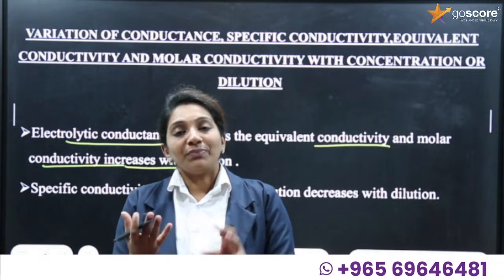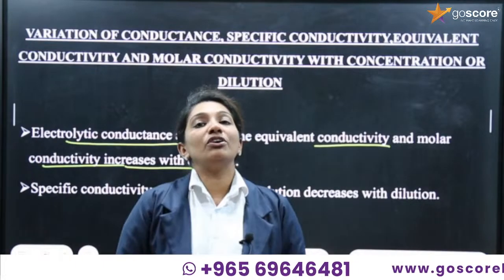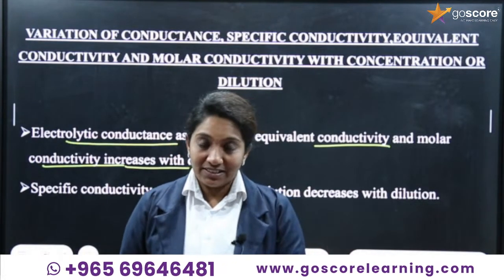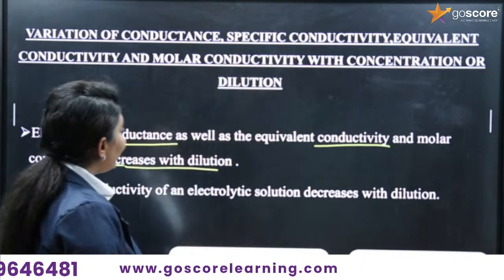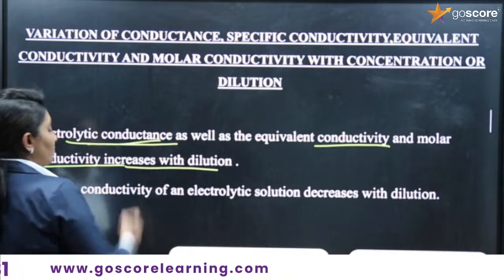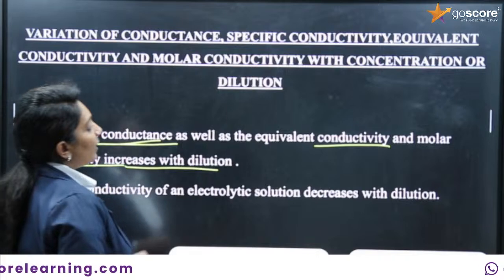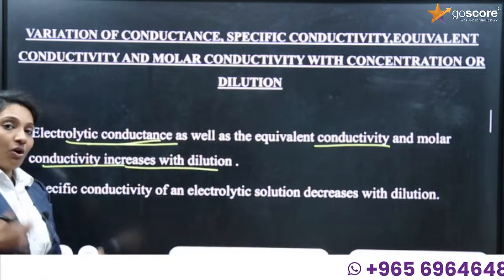So when you are diluting the solution, more ions will be produced there. This increase in the number of ions will be responsible for the increase in the conductance with the dilution.